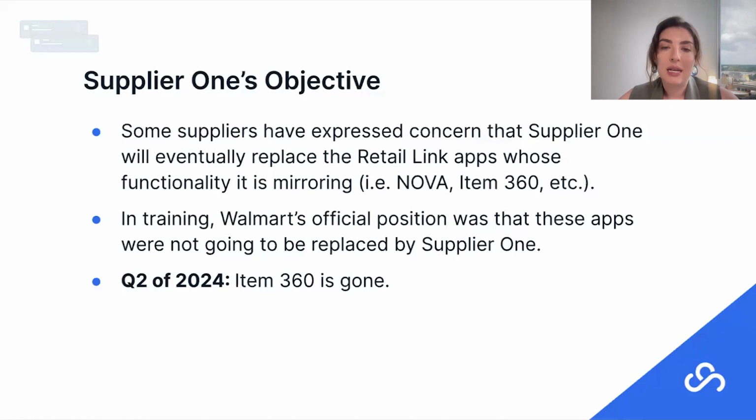The one that is going to be replaced, though, is Item 360 because it's essentially the same platform, just under Supplier One. But we're going to be at Supplier Wiki, especially kind of tracking to see what platforms, like Nova, for example, is one that is not under Supplier One, if that would be integrated into Supplier One and would leave Retail Link, or if there were other situations.